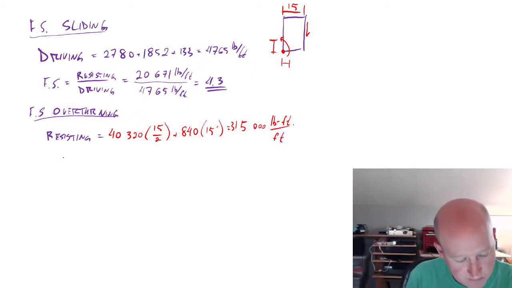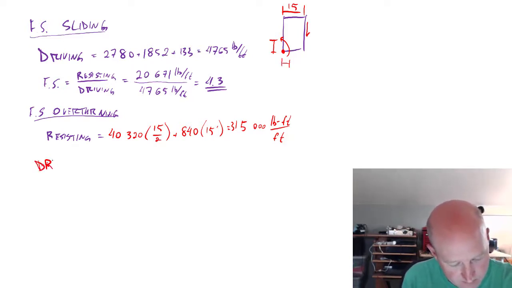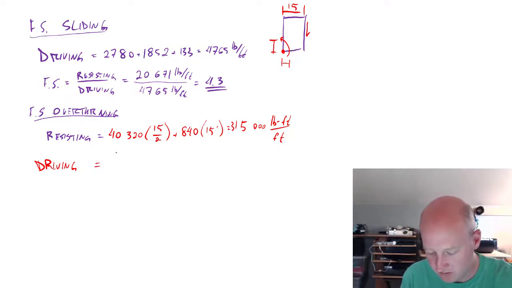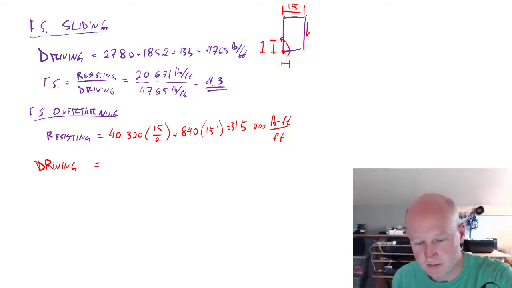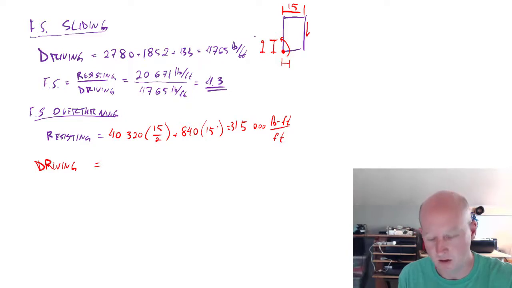So then the driving forces, sorry, these are driving moments, are going to be each of those resultants that we calculated times their moment arm above the bottom, or above the toe.